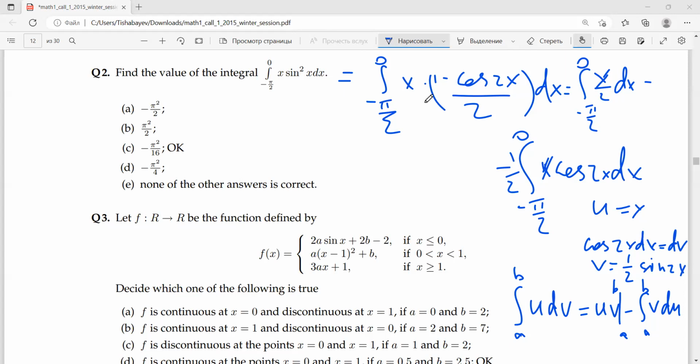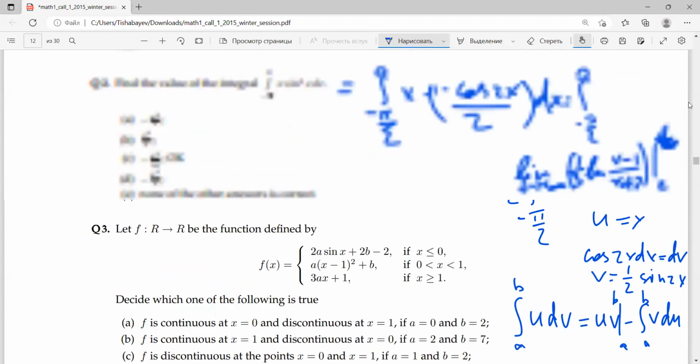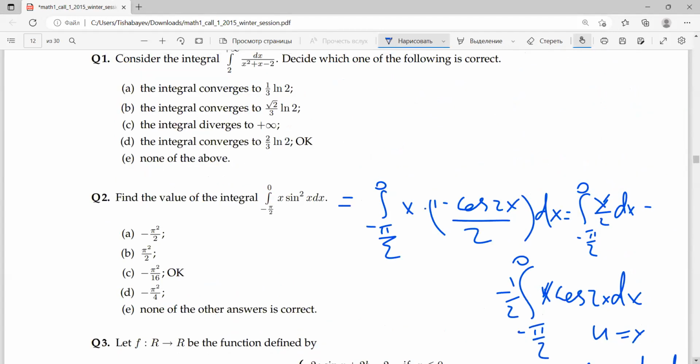Okay. So number 3 now, let f be the function, the same as the previous one. And here only continuity, we don't have differentiability.